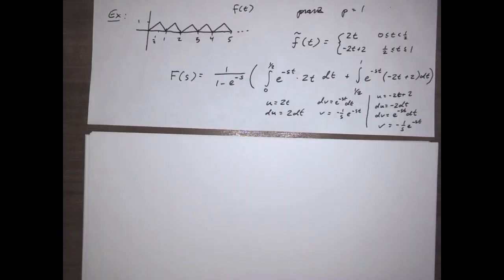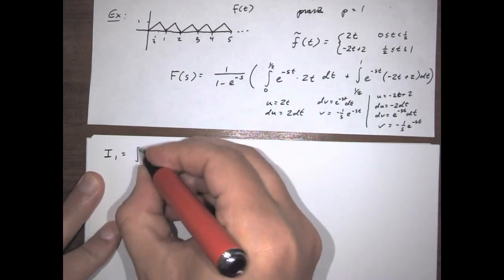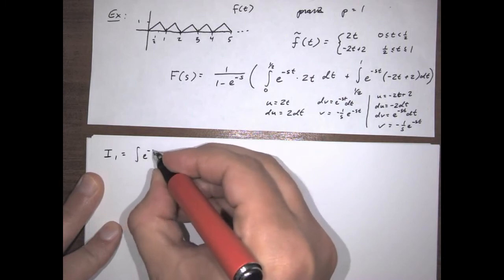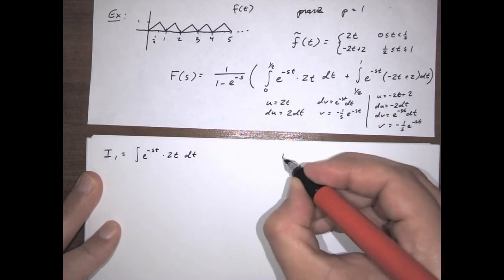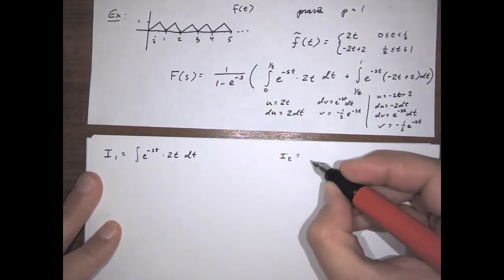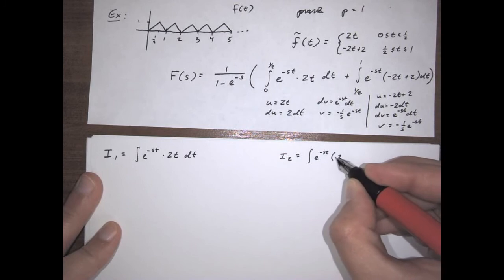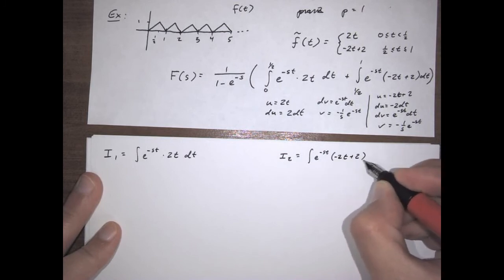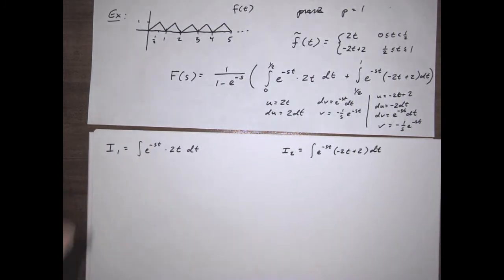Now we're just going to take this in two pieces. I will say I1 is equal to the integral, and I won't even worry about the bounds until later, of e to the negative st times 2t dt. And I'll say that I2 is equal to the integral of e to the negative st times negative 2t plus 2 dt. Okay. So now I need to keep my eyes on the u's and v's here.